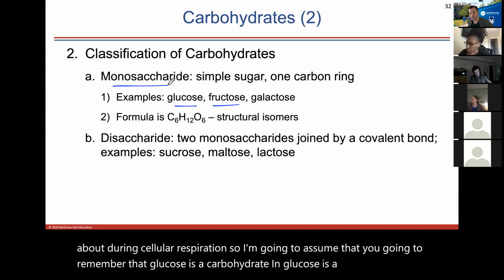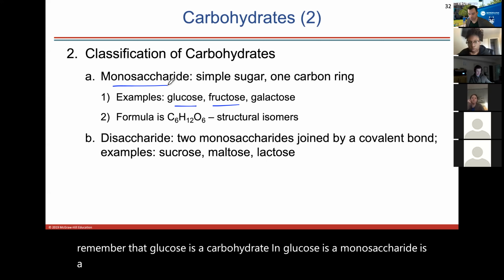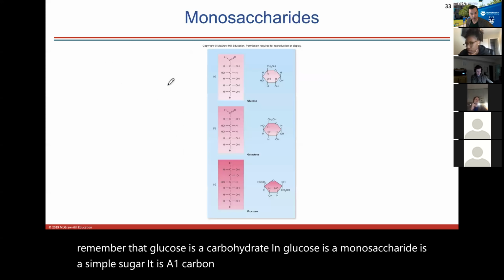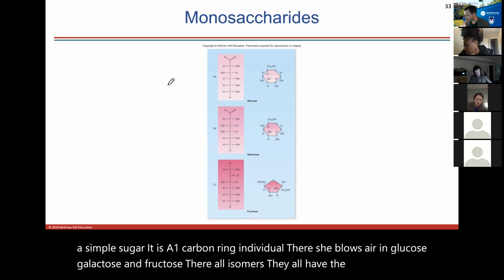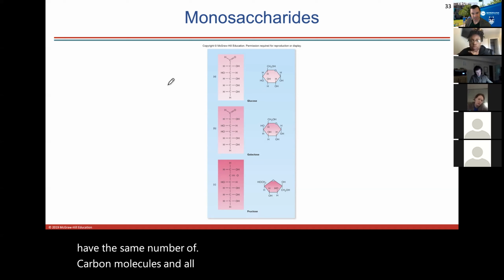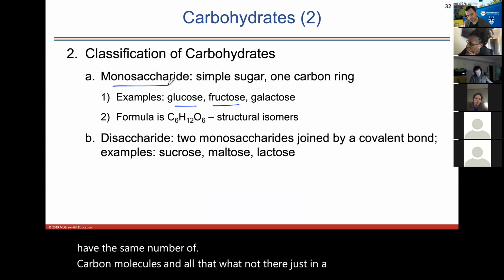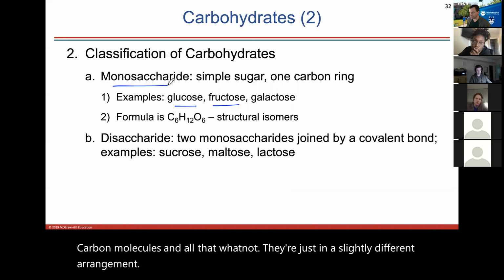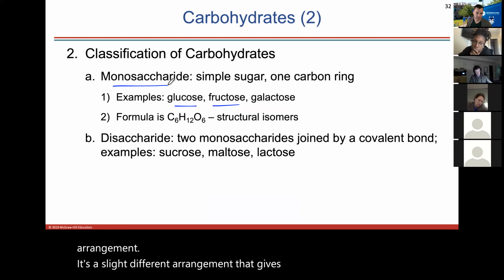It is a simple sugar. It is a one carbon ring individual. There's glucose, galactose, and fructose. They're all isomers. They all have the same number of carbon molecules, they're just in a slightly different arrangement. And it's that slight different arrangement that gives these guys their sweetness.